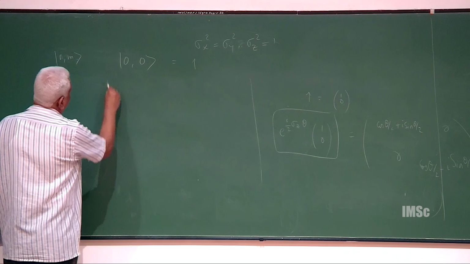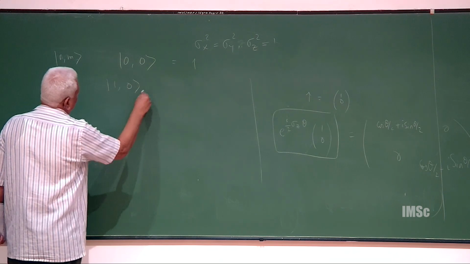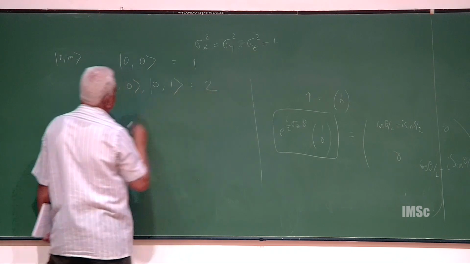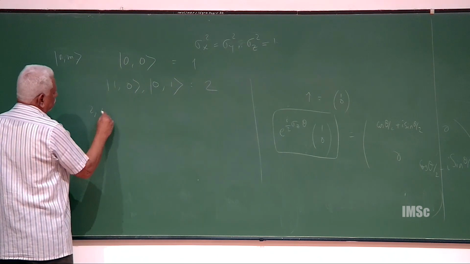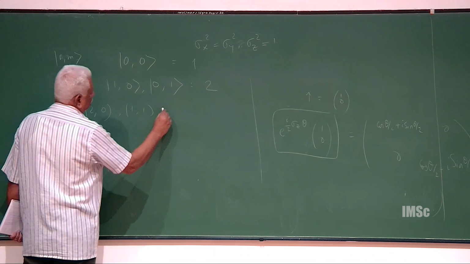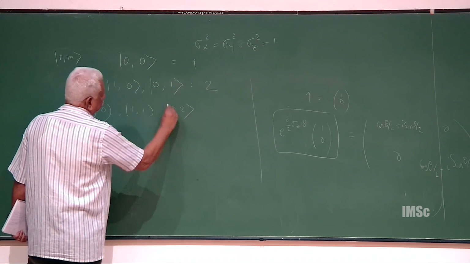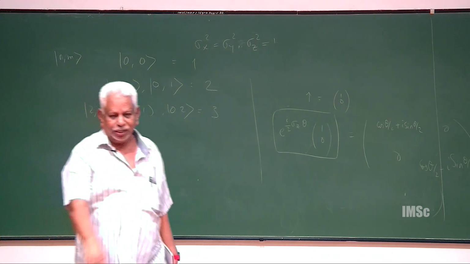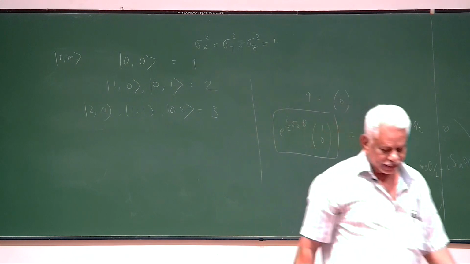The next one is 1 0 comma 0 1, there are two states. The next one is 2 0, 1 1 and then 0 2, there are three states and so on.